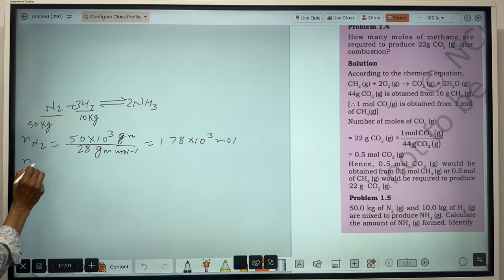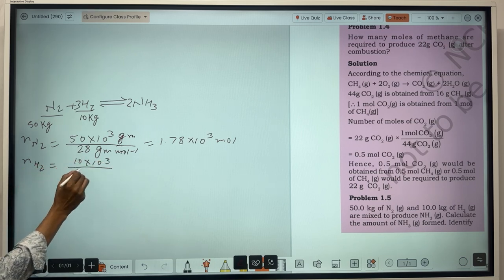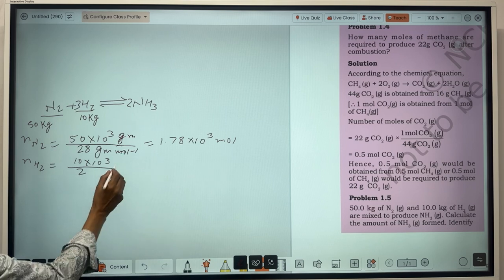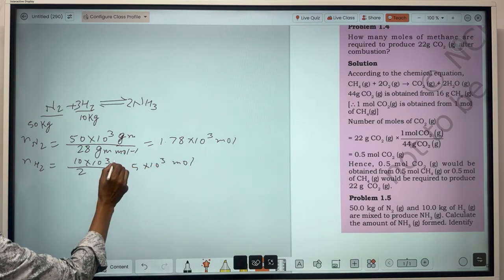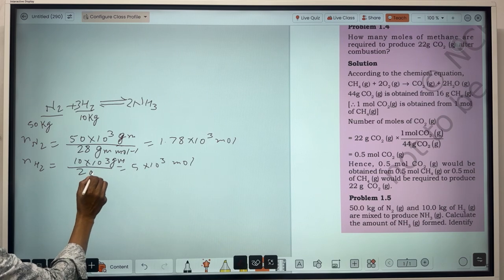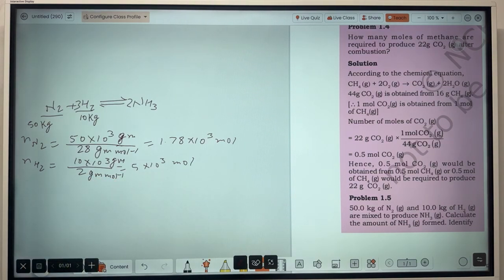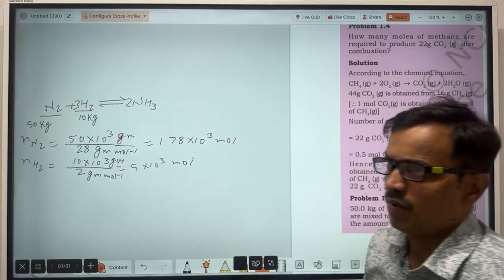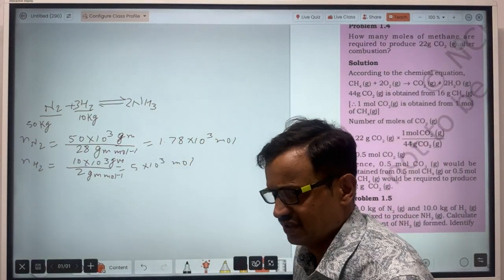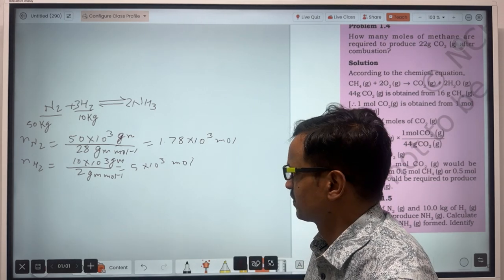Now, the number of moles of hydrogen will be how much? That is 10 kg, so 10 to the power 3 grams upon 2 gram per mole, which is 5 into 10 to the power 3. Now watch the reaction. 1 mole of nitrogen molecule will react with 3 moles of hydrogen molecule.